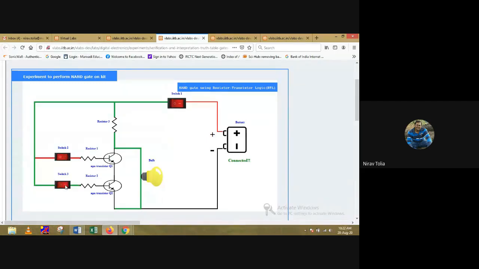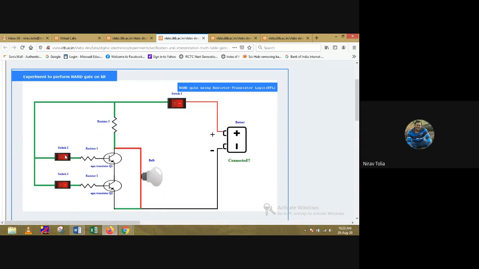Then switch on the other switch, then also my output is 1. But if you take both switches on, which is switch 2 and switch 3, so my input is 1 1, then at that time my output will be 0. If both the inputs are 1, then my output is 0.